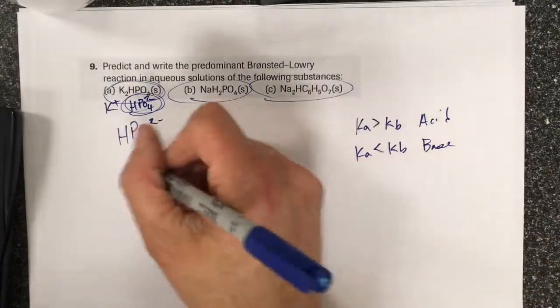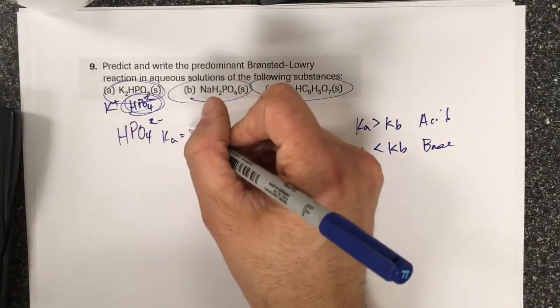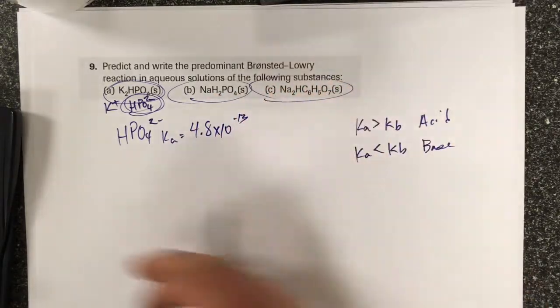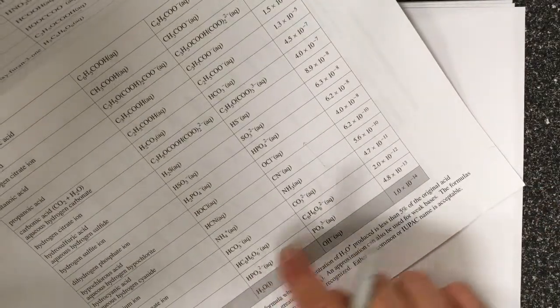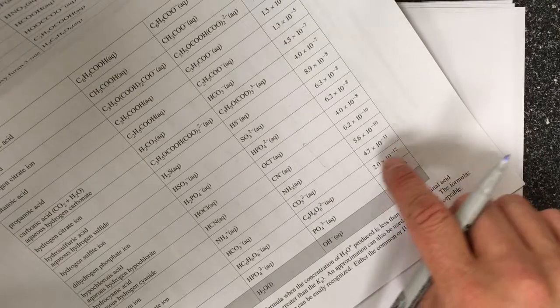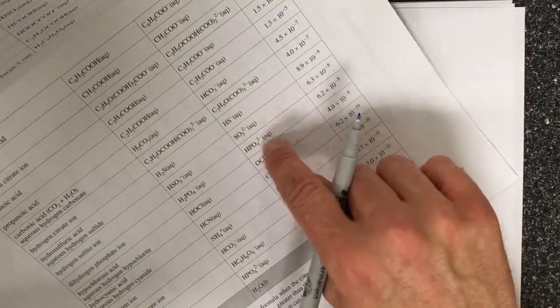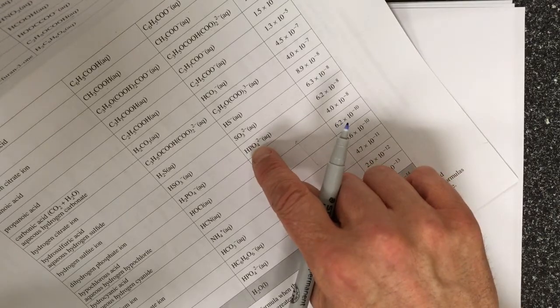So its Ka is going to be equal to 4.8 times 10 to the negative 13. That's reading off of my data booklet in the acid column. This is its Ka. But its Kb can be determined using this for this molecule, or this anion.